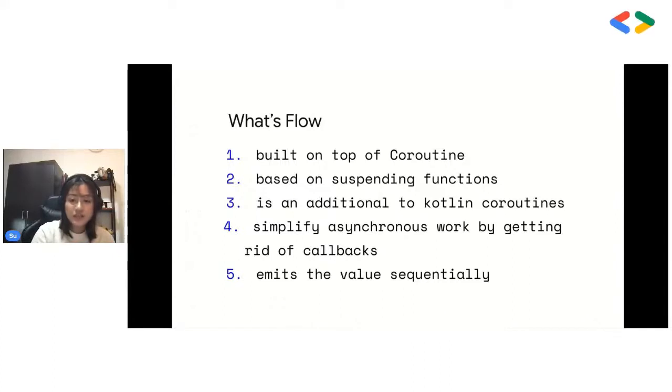Flow is interoperable with other Reactive Streams and coroutines. Since it's built on top of coroutines, it provides structured concurrency and cancellation. The main goal of coroutines is to simplify asynchronous work by getting rid of callbacks. Coroutines save us from callback hell by giving us the possibility to write asynchronous code sequentially.